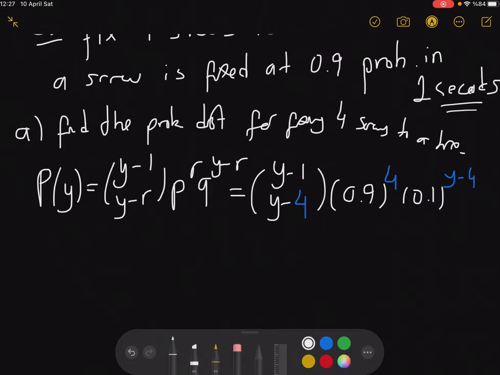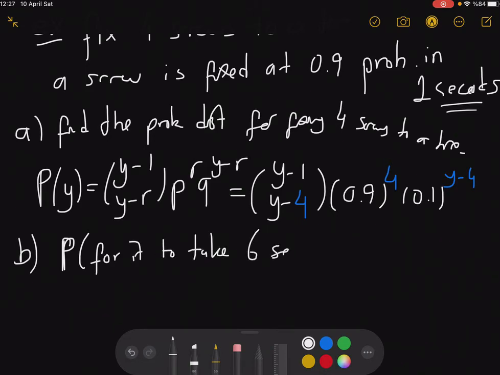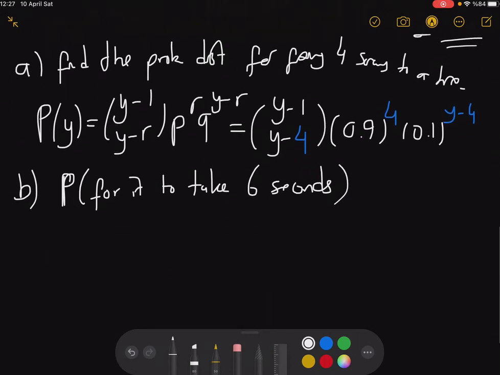And now the second part of the question is a numeric one. What is the probability for it to take exactly 6 seconds, or 6 trials? What is the probability of having 6 tries to fix those 4 screws? Now if we put them in their correct locations, what I'm curious about is 6 here.